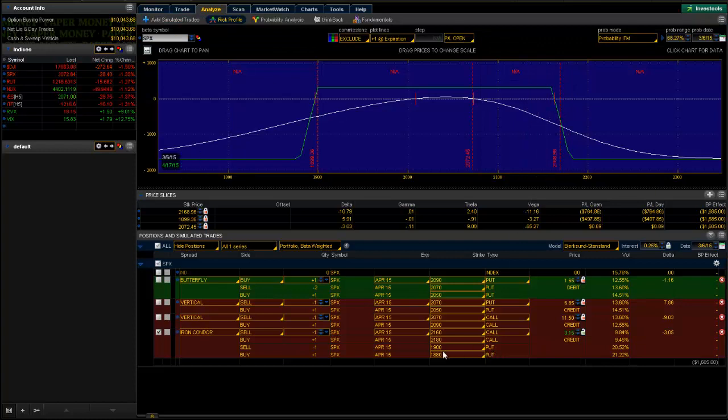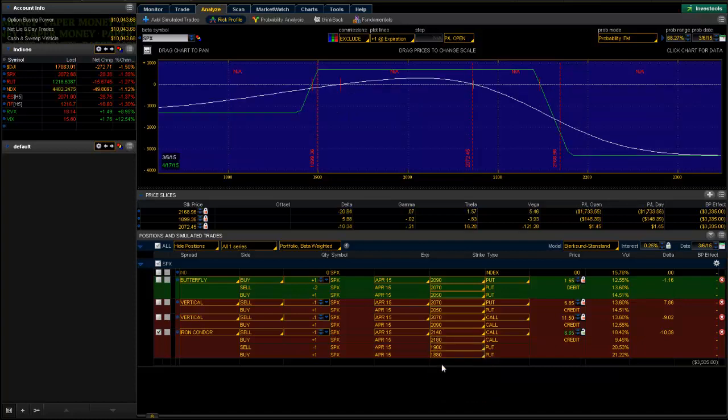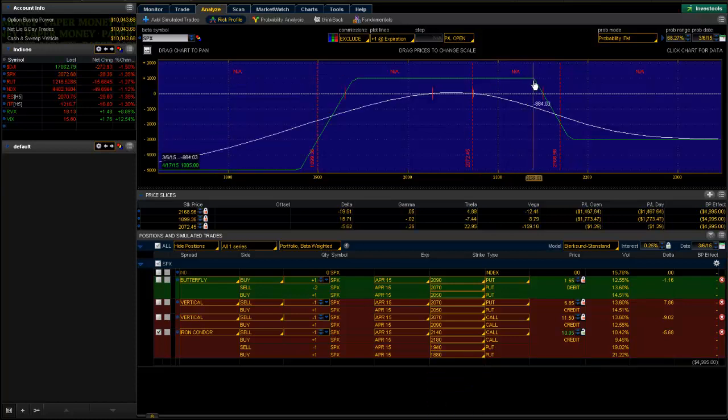Well, as I start moving the shorts closer and closer together, both on the call side and on the put side, pay attention to what happens. As I move this 2160 closer to, say, 2140, or let's say I move the 1900 up to 1940, you'll see as these get closer and closer, at some point they match each other.